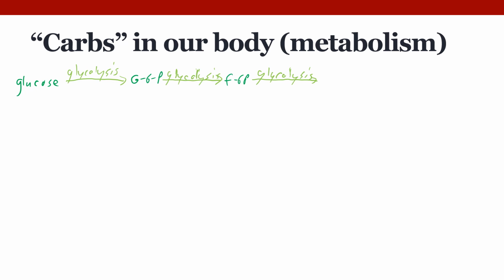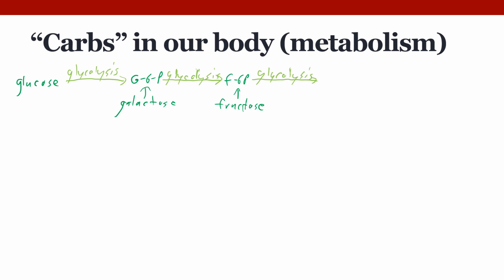Well, if we absorb other monosaccharide sugars such as galactose from milk sugar and fructose from corn syrup or cane sugar, those can feed into this glycolysis pathway as taking the place of some of those intermediates.